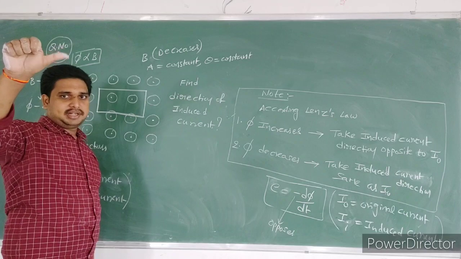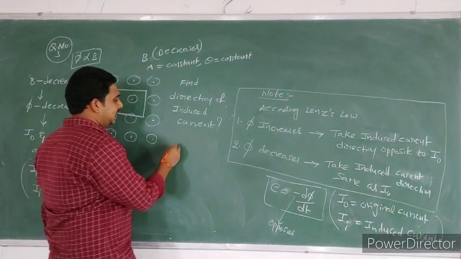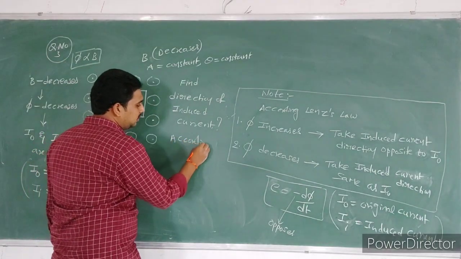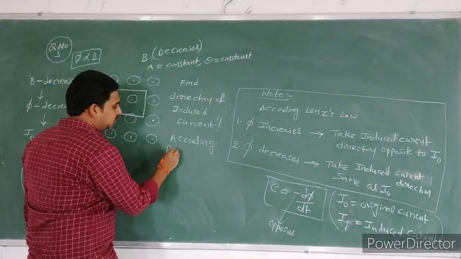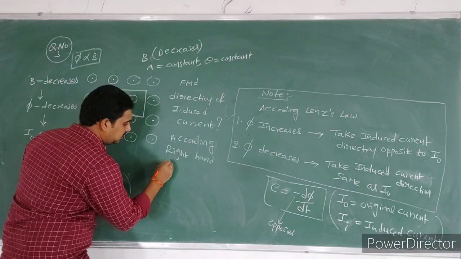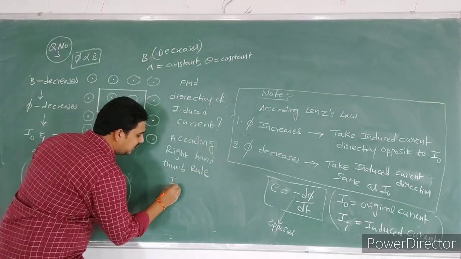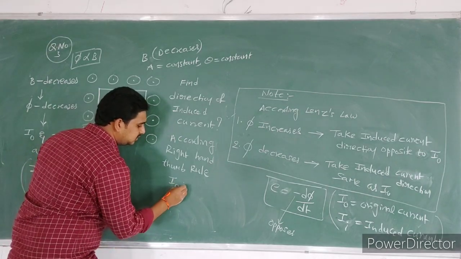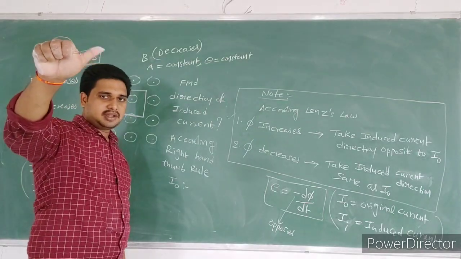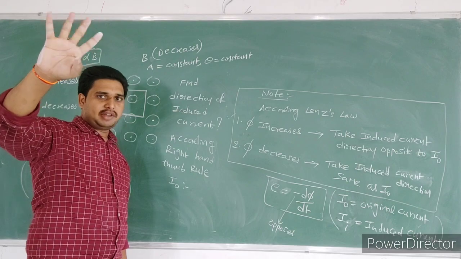Thumb indicates the direction of the magnetic field. Curling fingers indicate the direction of electric current.